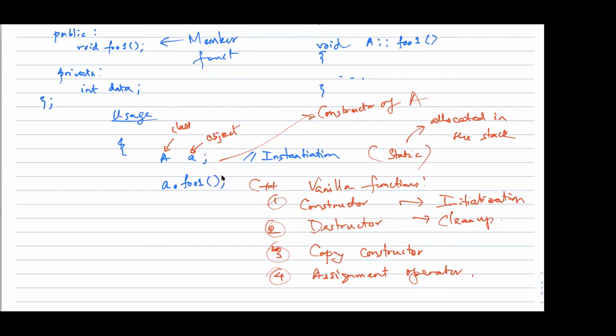Now you are able to actually call it because it is defined in the public section. If you somehow skipped this public section, you would not be able to call it because by default, everything is private in C++. And we will discuss why it is private, maybe a few lectures down the line.